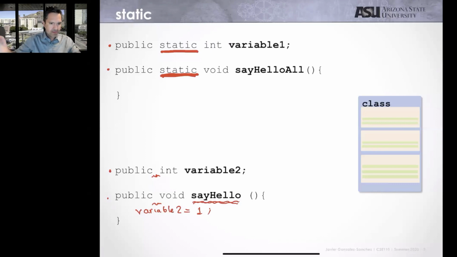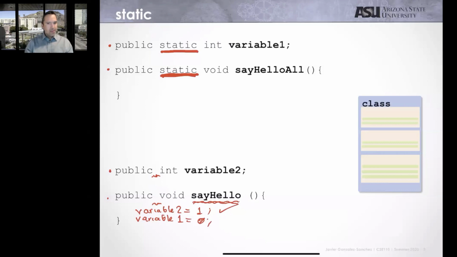And the answer is yes, obviously, right? Both are outside of this keyword static. So I can do this. Now, what about variable 1 equals 0? The same question. Can I use variable 1 inside of the method say hello?